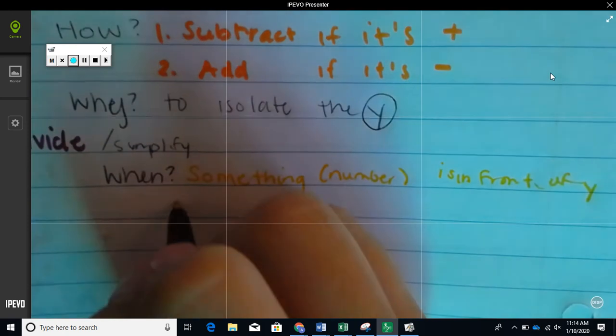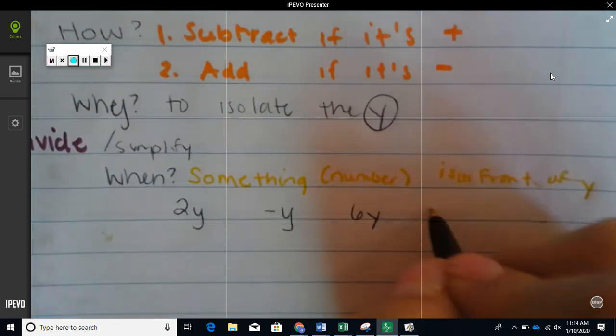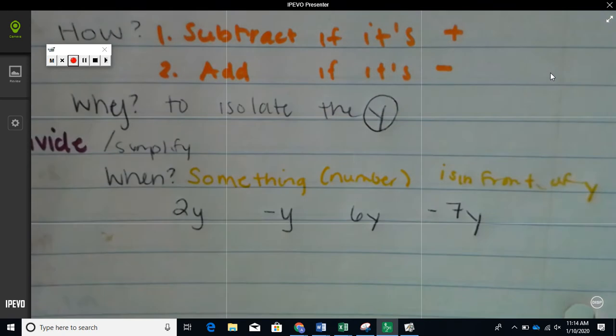It could be 2y. It could be negative y. It could be 6y. It could be negative 7y. If there's something in front of that y, if y has a coefficient, that's when we divide.